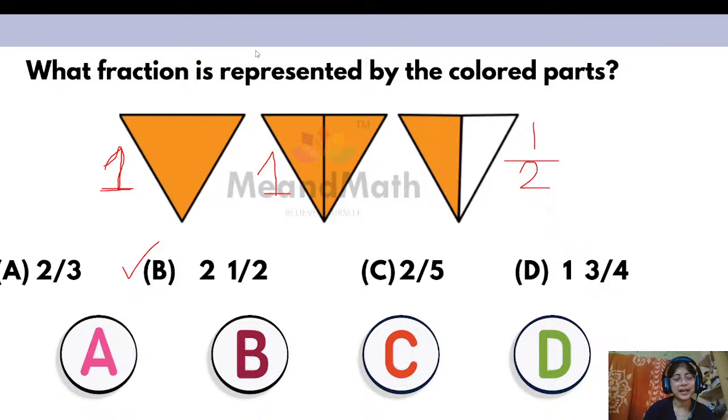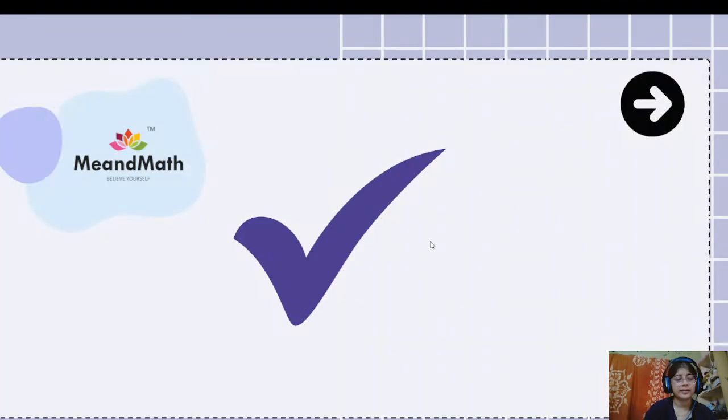Yes. Why it's 2.5? Clear now, right? So let us check if B is correct or not. Yes, as you can see, B is the correct answer. So if whole of something is colored, we consider it as 1.